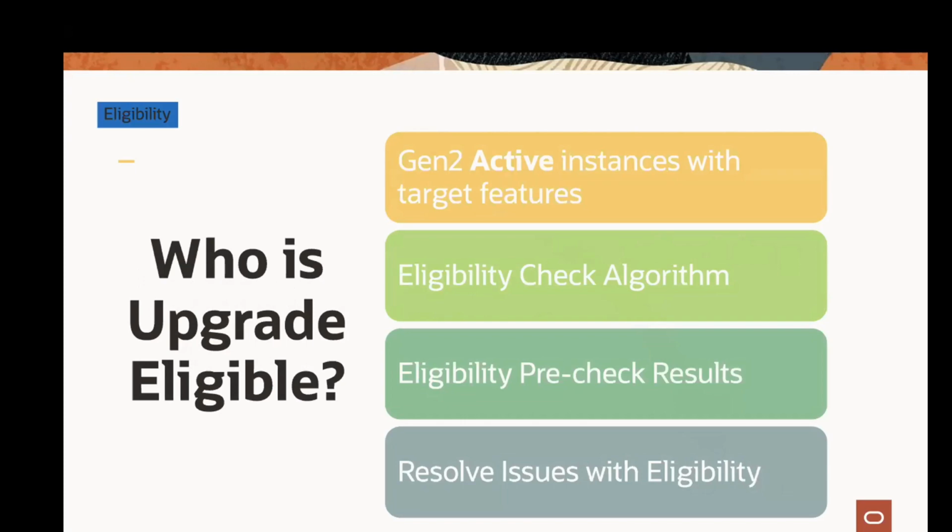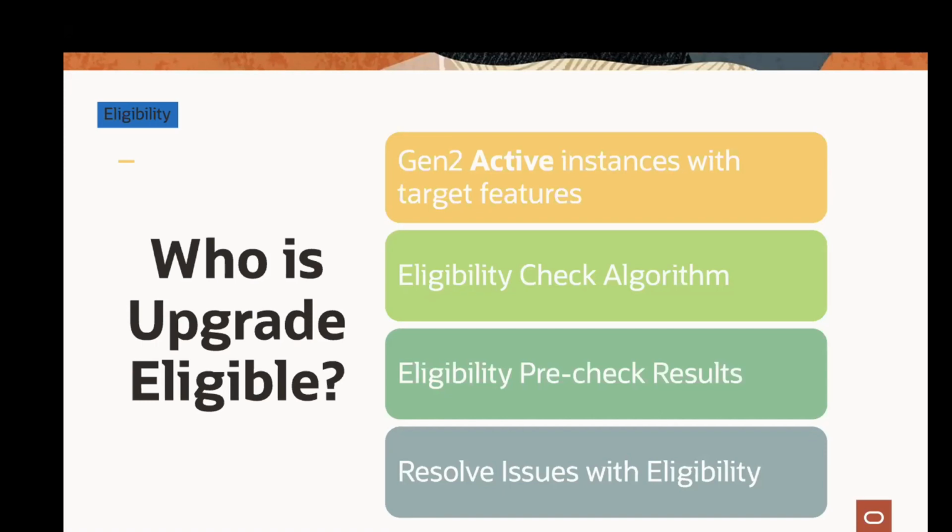Who is upgrade eligible? All the Gen 2 active instances with targeted features are eligible to upgrade right now, and I'll discuss with you what the target features are. We have an eligibility check in place that checks for features that customers are using to pick them up for upgrade phases that are ongoing right now.